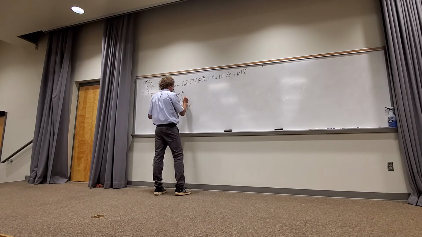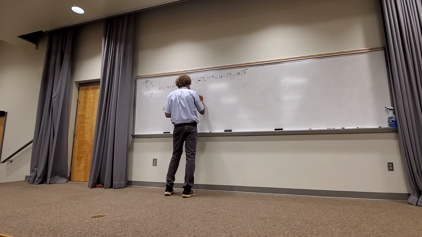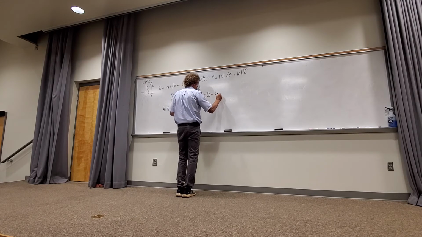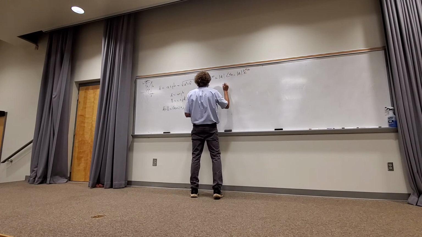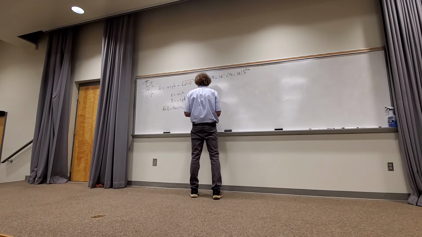And B, I might as well just say B is equal to the square root of C squared plus D squared at an angle tan minus 1 of D over C. Call this theta A, and call this theta B.